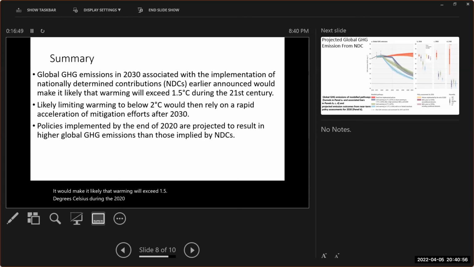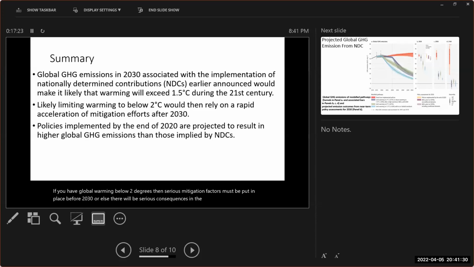So likely limiting warming to below 2 degrees would then rely on a rapid acceleration of mitigation effort after 2030. That means to keep global warming below 2 degrees, serious mitigation measures must be put in place before 2030, or else there'll be serious consequences in the world.